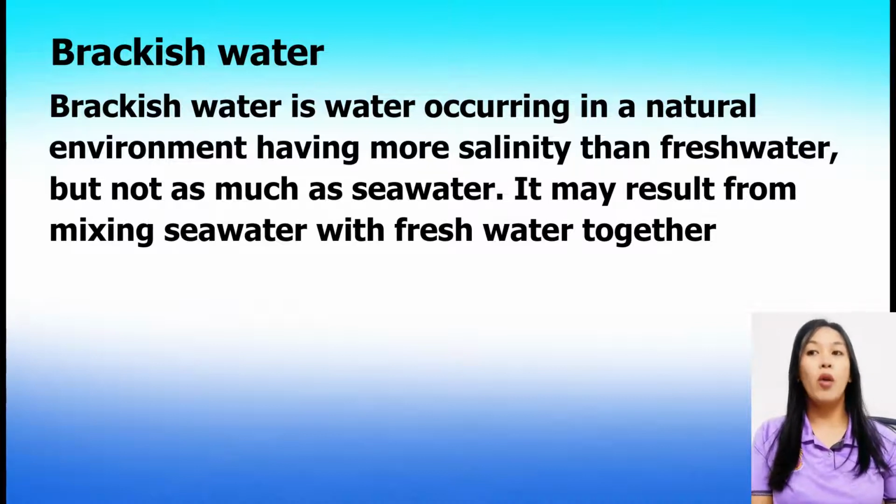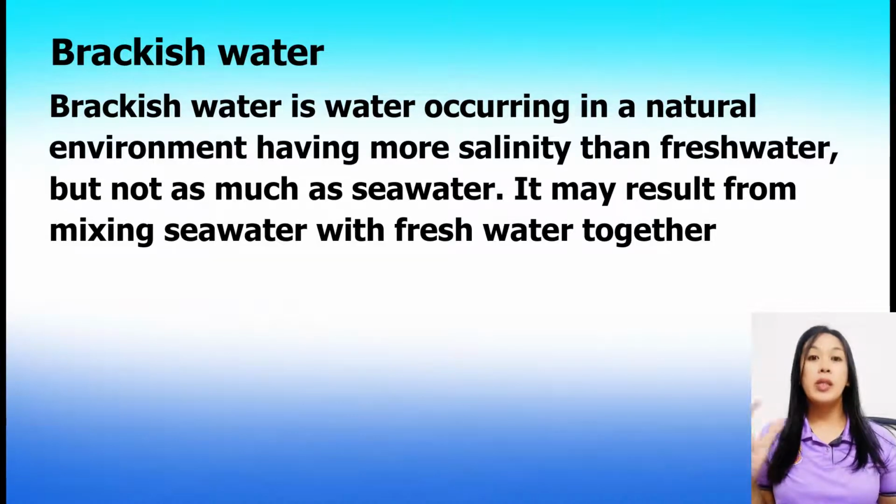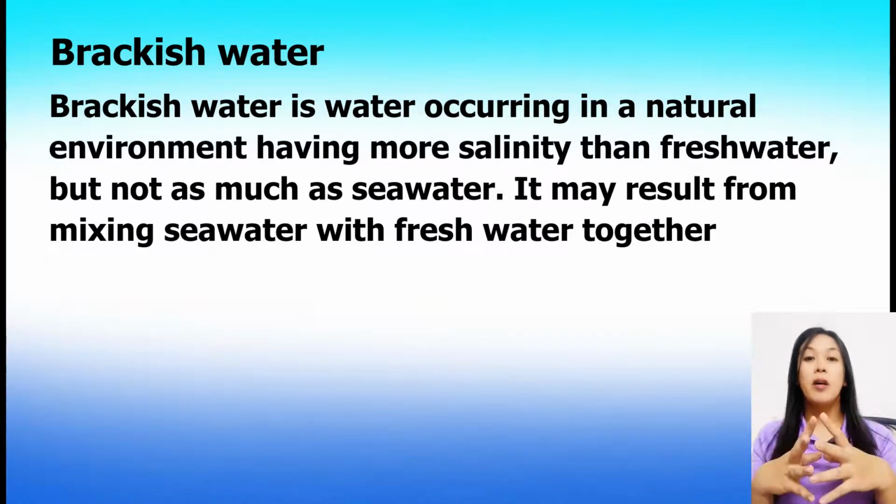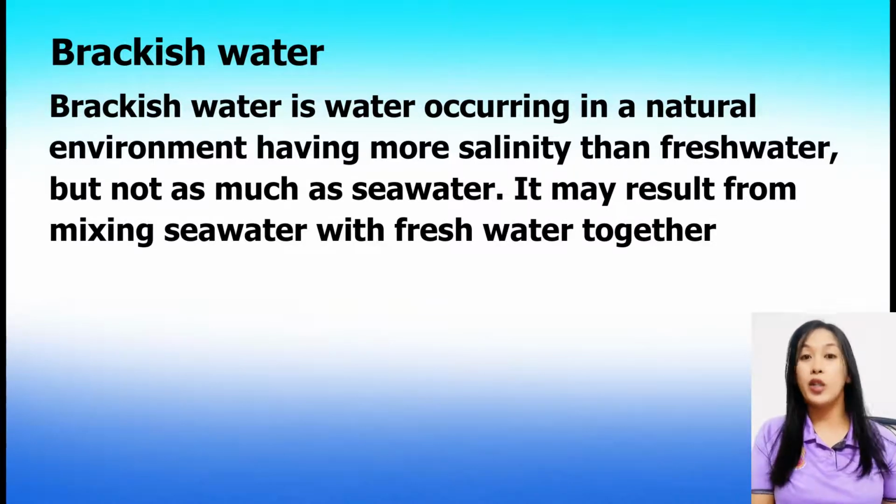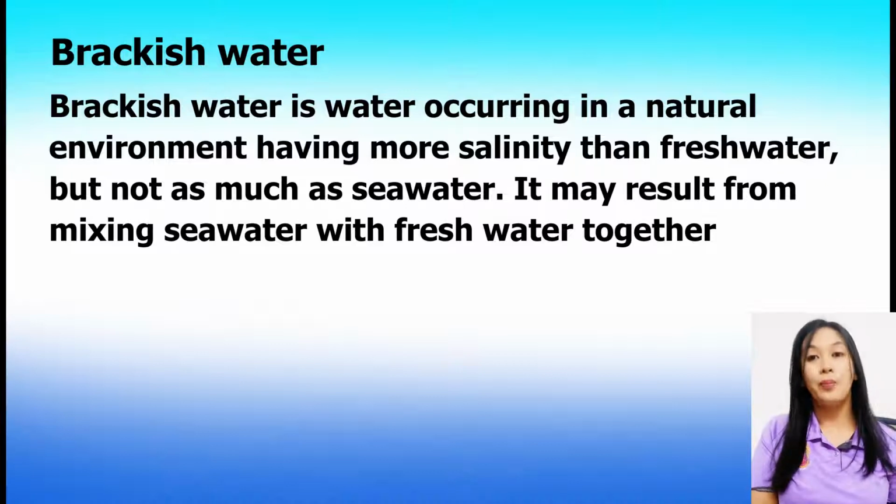It may result from mixing seawater with fresh water together. Most of the time, brackish water is in areas where the water from the sea and water from the river meet, so they are mixed together and then they form brackish water. It's more salty than fresh water, but less salty than seawater. So that is brackish water.